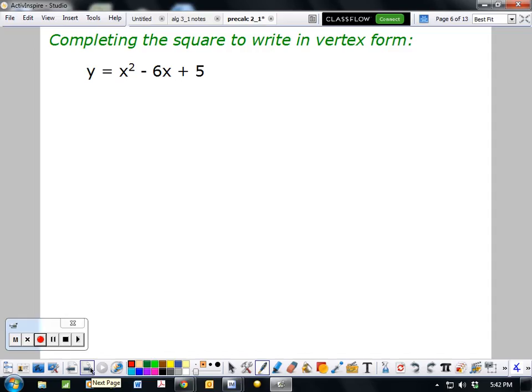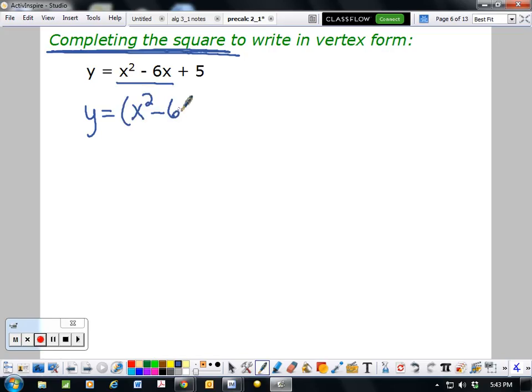Okay, so now what happens if I get something that's not in vertex form and I need to write it in vertex form? So we're going to use that idea of completing the square. So what I'm going to do is take my x terms and put them in parentheses, so that way I can do the completing the square inside parentheses.